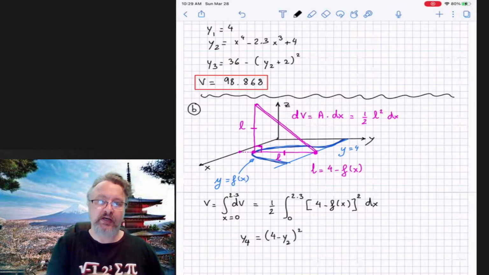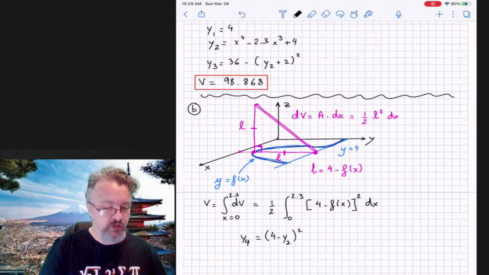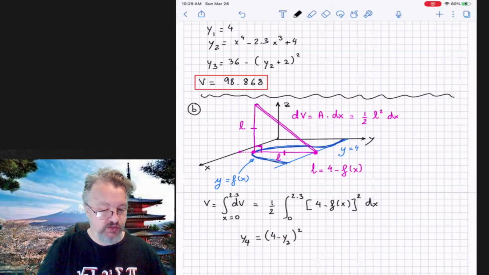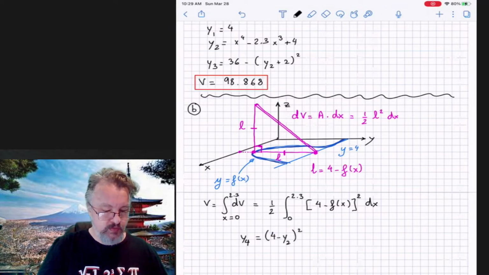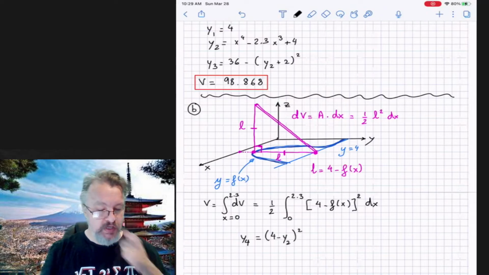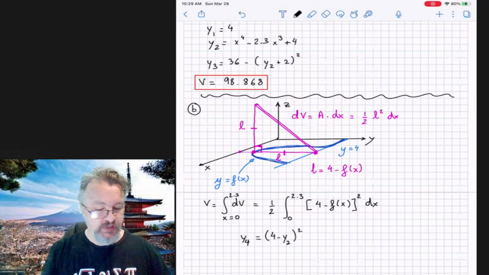So let's do this. Y equal. First I'm going to unselect my third function, and then I'm going to have 4 minus y2, exponent 2 like this. Okay, I'm going to graph it. There you go, my calculator is doing it.